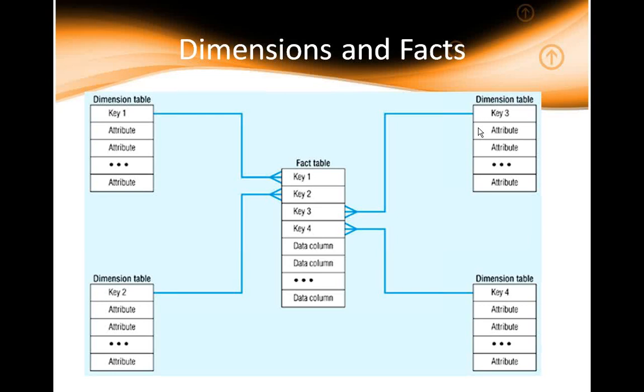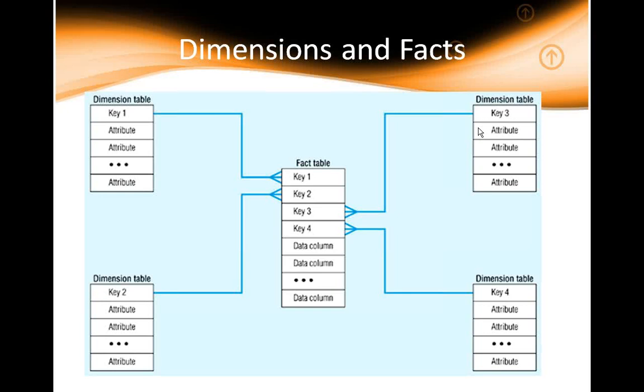If you come to dimensional modeling, it's not that way. There will be a fact table that is linked to many dimension tables. If you see, there are 4 dimension tables, and dimension table 1 will not be related to dimension table 2, right? You understand the difference between ER modeling and dimensional modeling, right?